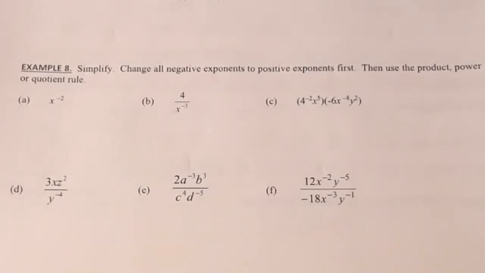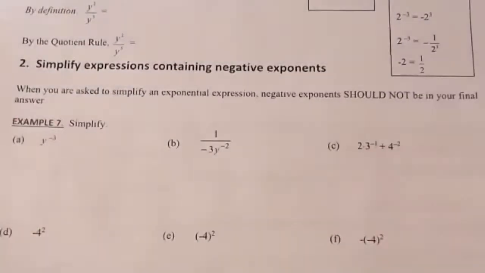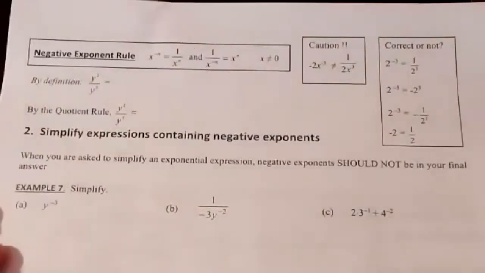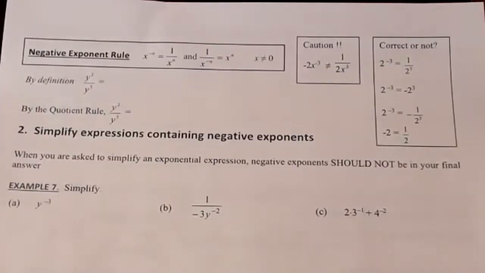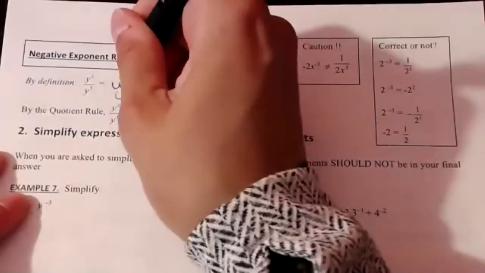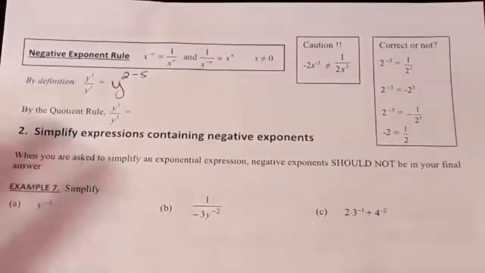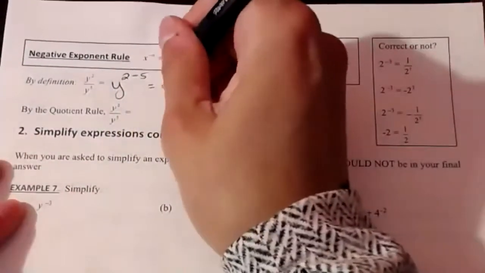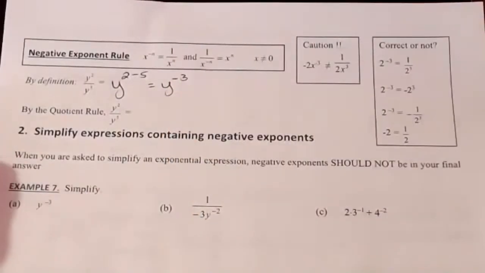We have one more rule, and that is the negative exponent rule. Let me lift this up so you can see. All it says is you essentially will move the base with a negative power. To show you, by definition, y to the second over y to the fifth is y to the 2 minus 5, which gives you y to the negative 3.